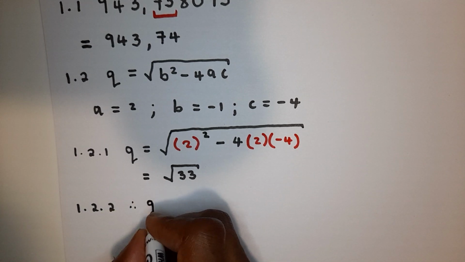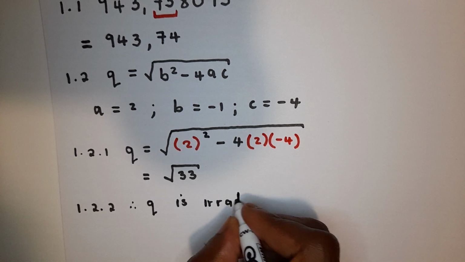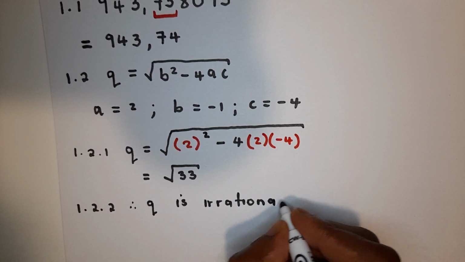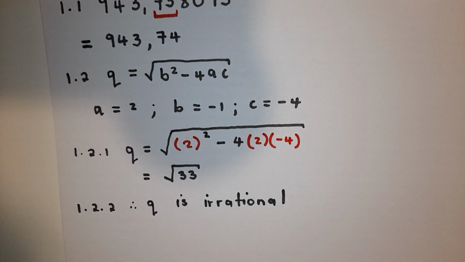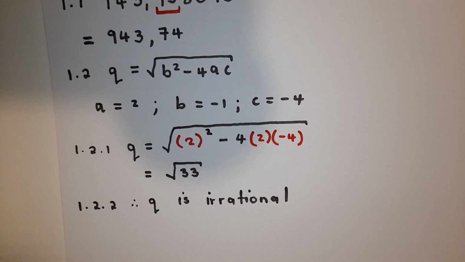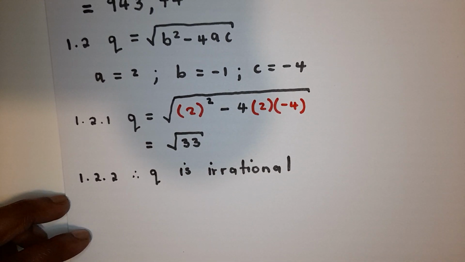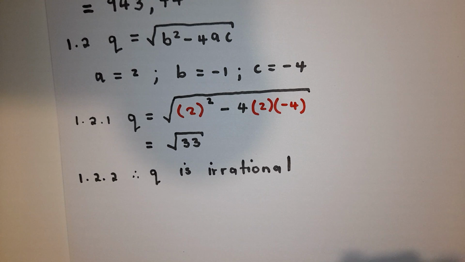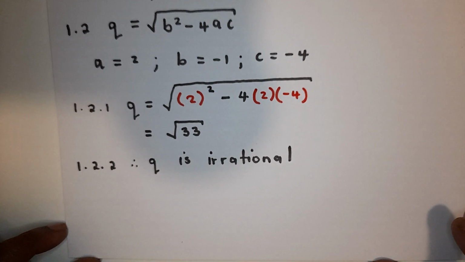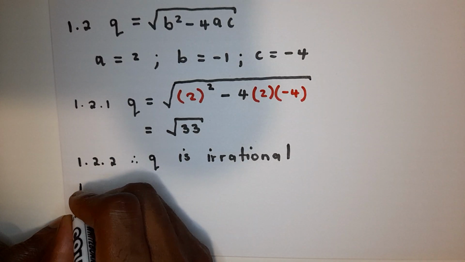Therefore, it means Q is irrational. To confirm this, punch it in the calculator and rewrite it as a decimal and look at the decimals. If they repeat in a particular sequence, or if they terminate, then it must be rational. However, if that's not the case, then mathematically it means it's irrational, just as it is in this case.